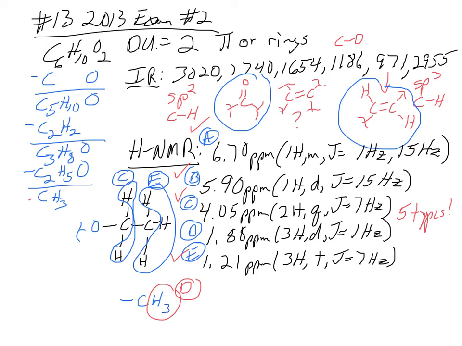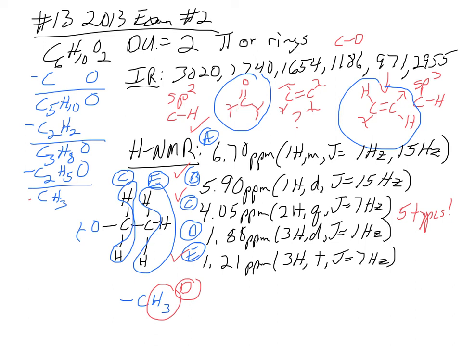That should tell you it's a little more deshielded than you'd expect. What range would that maybe be in? And well, you also know, what else is going on with D? There's this coupling constant of 1 hertz. So who's D also talking to? A. So how are we going to put this all together then?